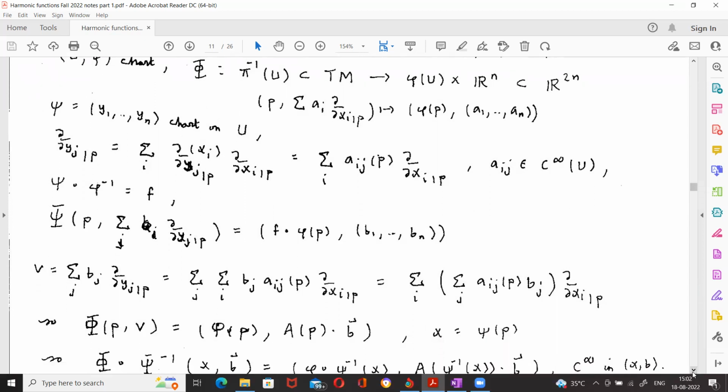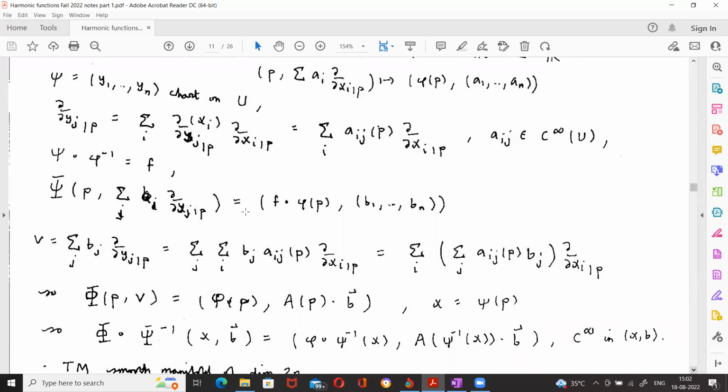Now, if I look at the chart induced by little psi, let me call that capital psi. What does capital psi do? Capital psi of a point in TM, (p, v), when I write v in terms of the basis del/del yj as sum over j of bj del/del yj, maps to (psi of p, b1 to bn).